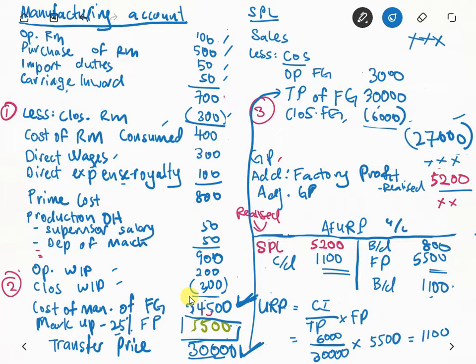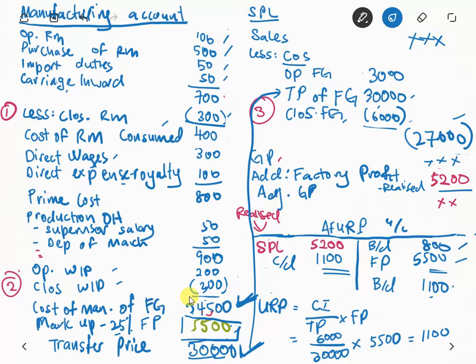In this question, we have factory profit, meaning this 30,000 includes some factory profit, and some is unsold, meaning this closing inventory includes a portion of factory profit. Must we take out the unrealized profit? Unrealized profit, yes. How? Open allowance for unrealized profit, put in opening, the question will give.